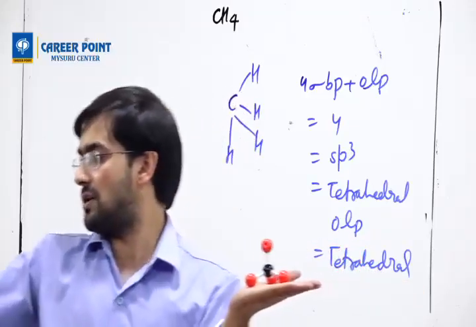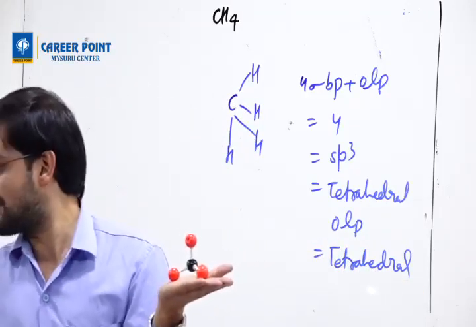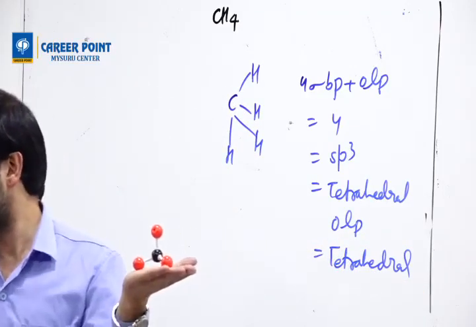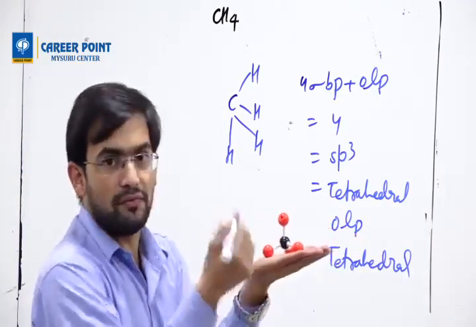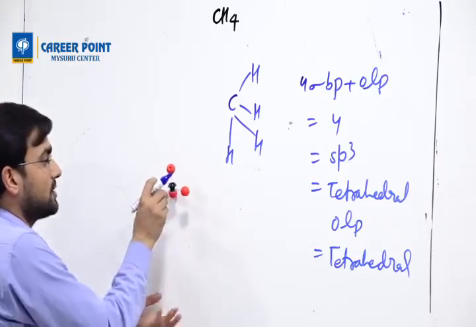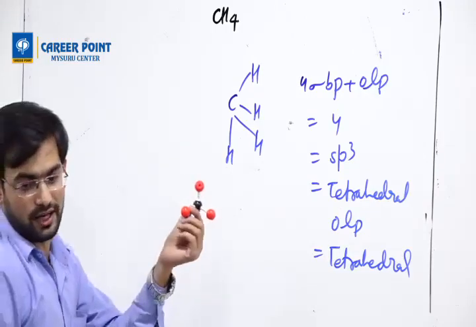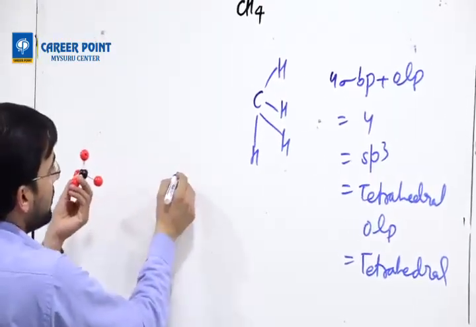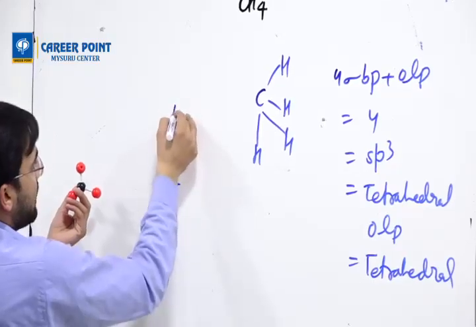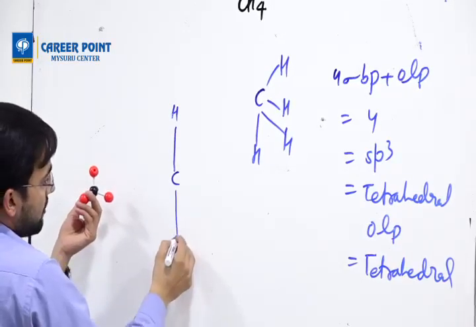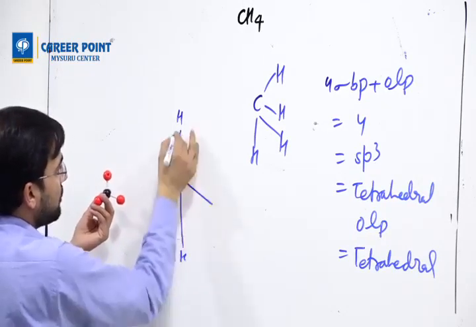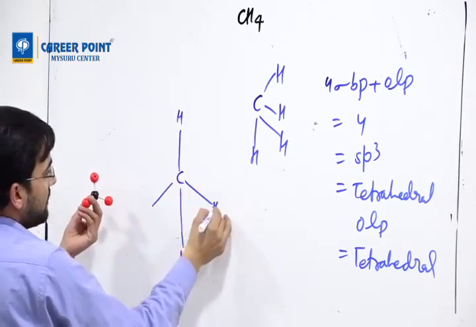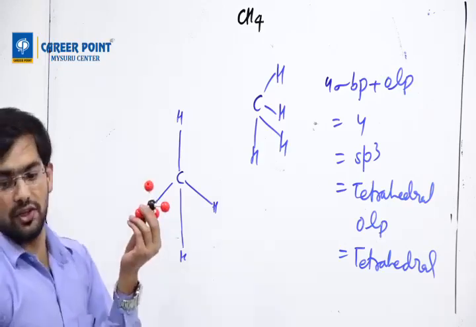Now one more interesting thing here is this bond. If I want to plot, I can't plot like this because some atoms are coming outside, right? So what we do is, we draw carbon, hydrogen, one more longer line and 2 more lines equal to the length of this, H. Like this we draw.